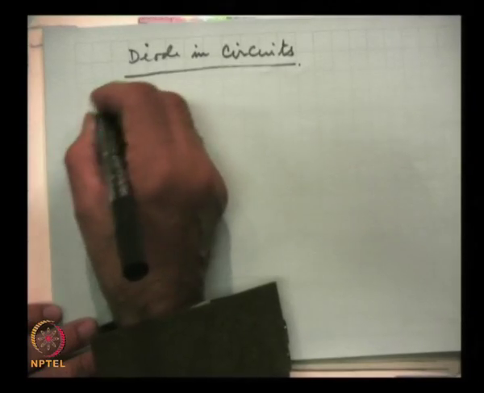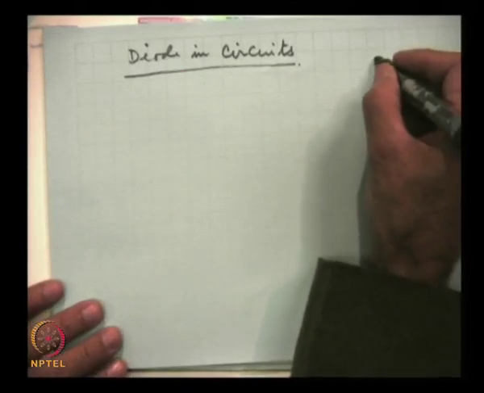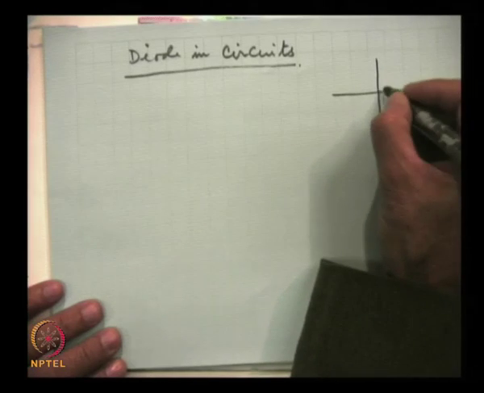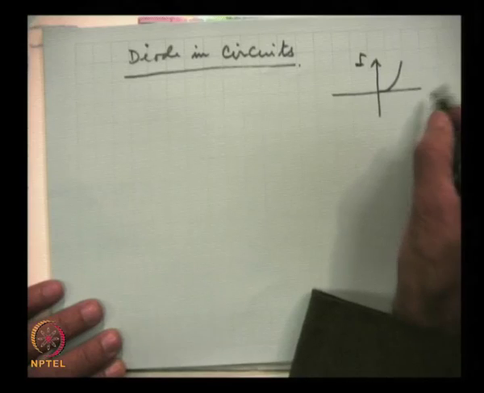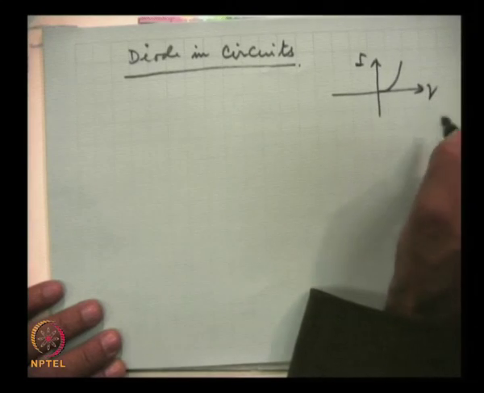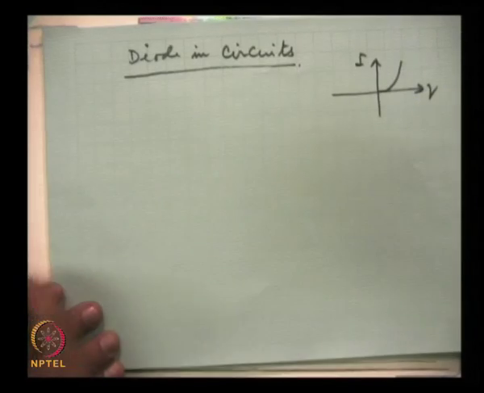We have talked about IV characteristics, and in forward bias they were like this. This is exponentially varying current.